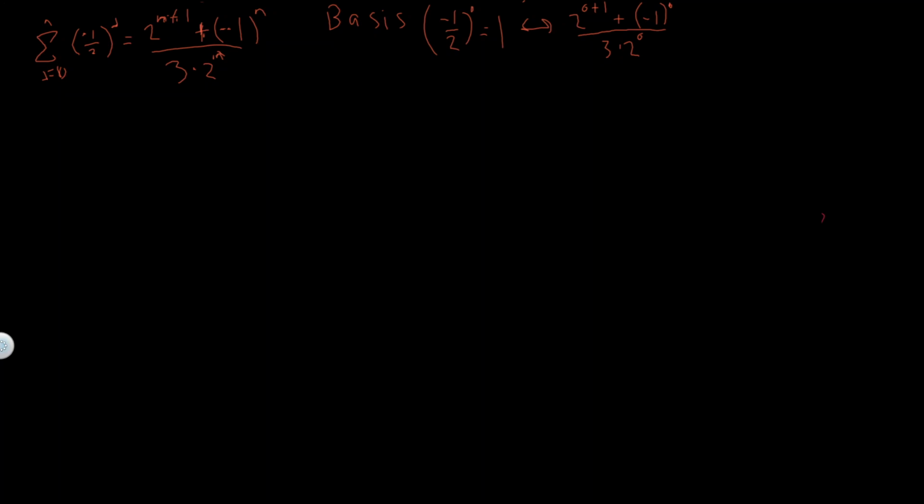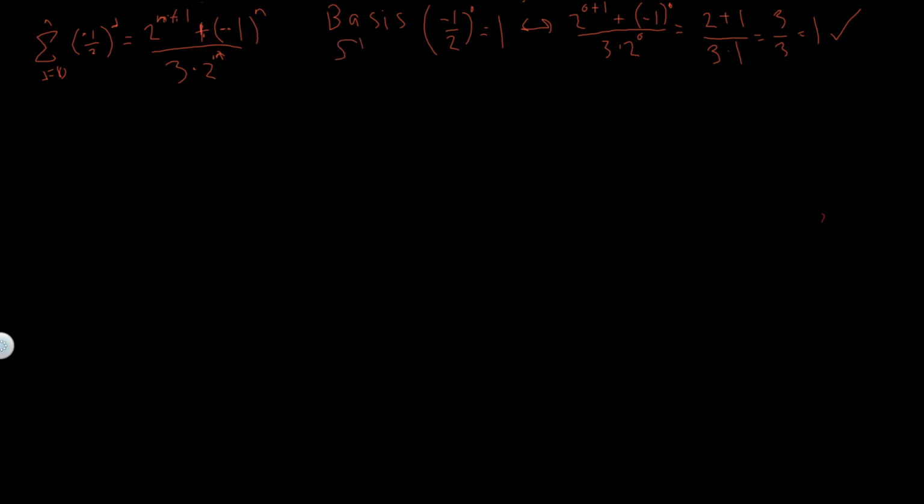Well, 2 to the 0 plus 1 is 2 to the 1. 2 to the 1 is 2, plus negative 1 to the 0 is 1, divided by 3 times 2 to the 0 is 1. And is 3 over 3 equal to 1? Yes, it is. So that checks out.